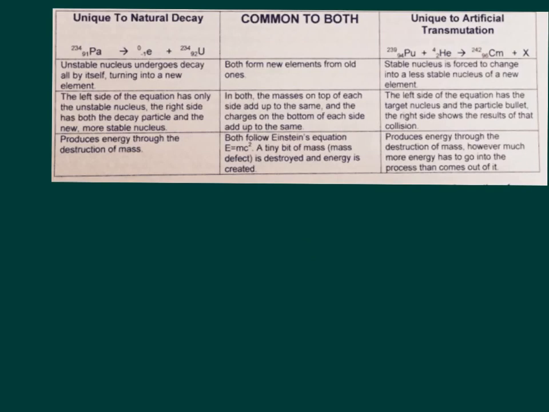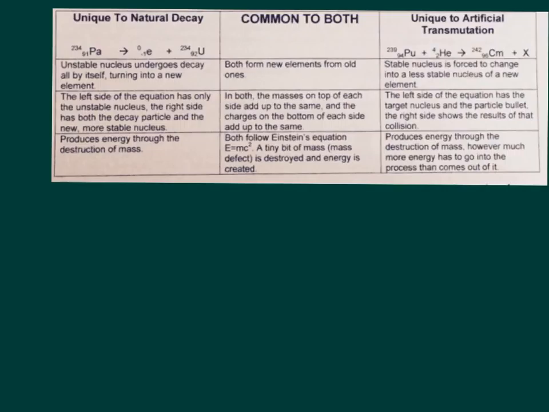So just to review, transmutation is when an element turns into a new element. And there's two ways that this can happen. One is natural decay, because you're starting with an unstable nucleus, so it automatically or spontaneously releases a nuclear particle and turns into a new element.